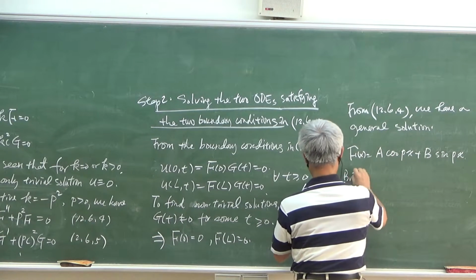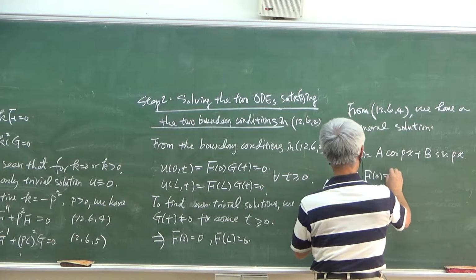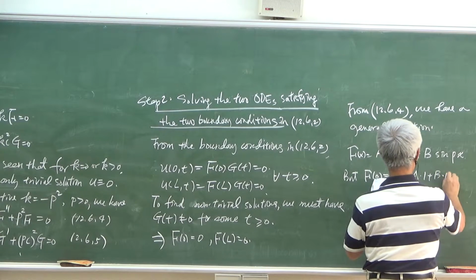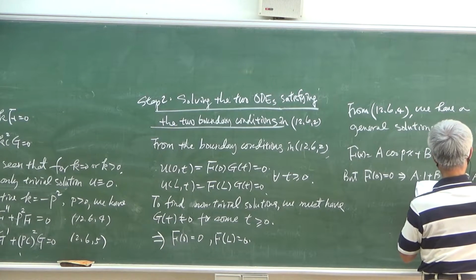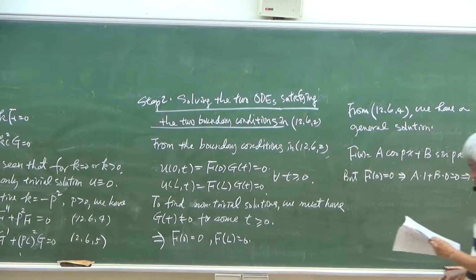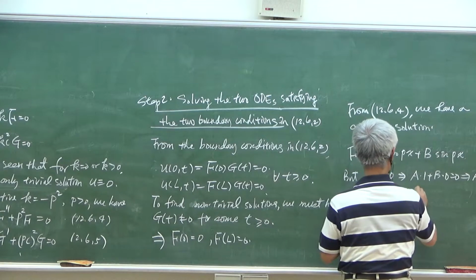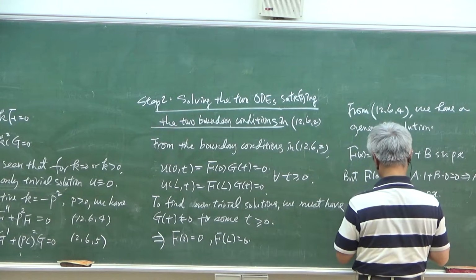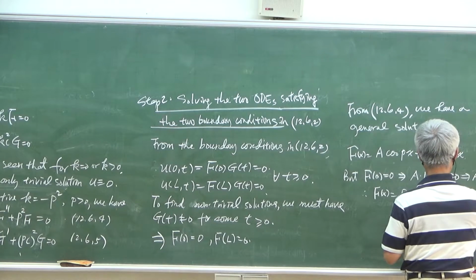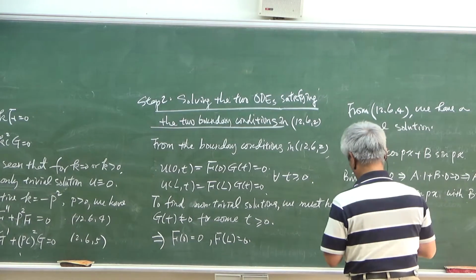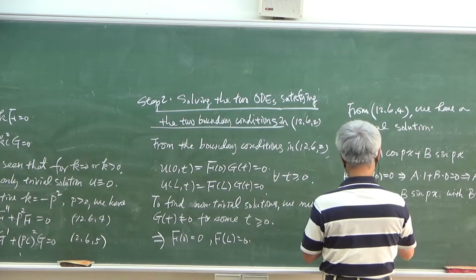But f0 equals 0 implies that a times 1 plus b times 0, so that implies a is 0. Alright? So we have f of x equal to b sine px, with b not equal to 0, because if b is 0, then f is 0 and our solution u is 0. Okay? Which is trivial, and we don't want a trivial solution.